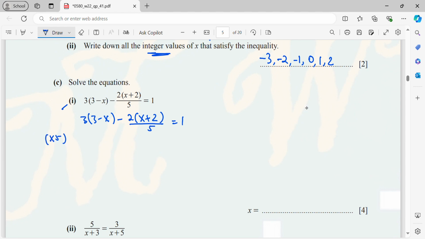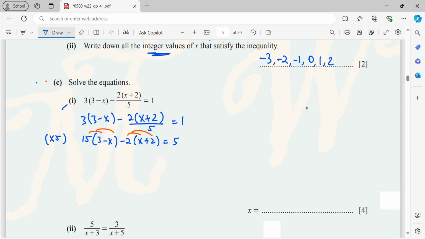So 5 times 3, that is 15. Okay, so the middle term denominator will be cancelled off. And then the right side, you times 5. Therefore, it becomes 5. That means now do expansion. So 15 times 3, and then followed by all these expansions.